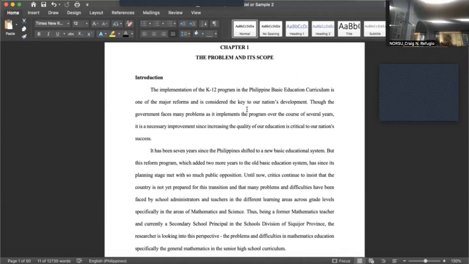Okay, margin. Take down the margin. When you look at the paper, the margin should be left side 1.5. Then all the other sides 1 inch.